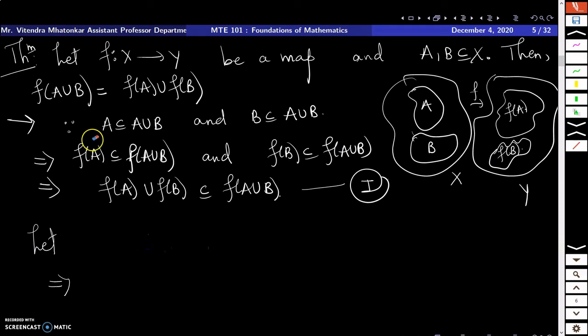I want to show that f of A union B is a subset of f of A union f of B, the other way. So let y be a point in f of A union B.